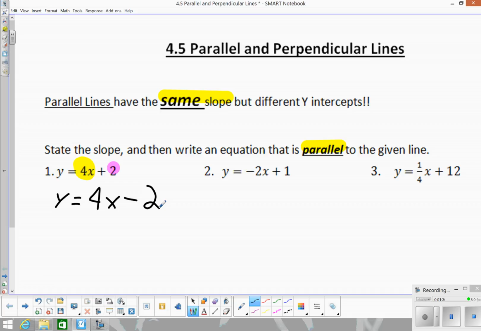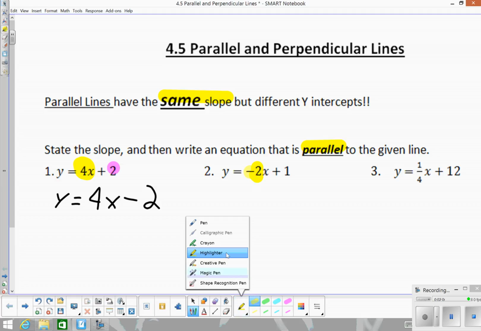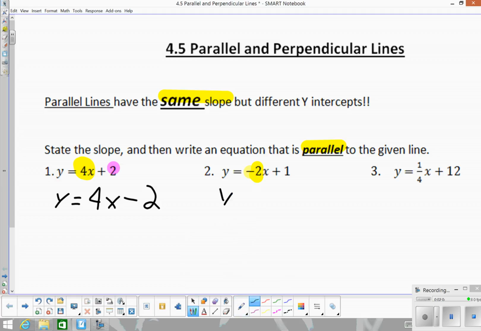Let's look at number 2. My slope is negative 2, right? So now I want to write a line that's parallel to y equals negative 2x plus 1. So it's going to look like y equals negative 2x plus or minus anything. In this case, I'm going to say y equals negative 2x plus 3.